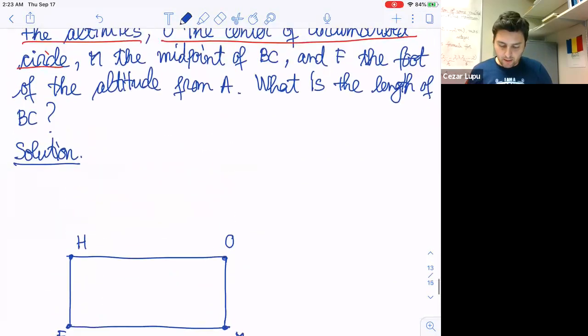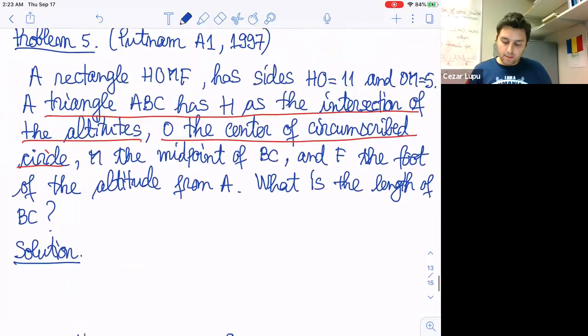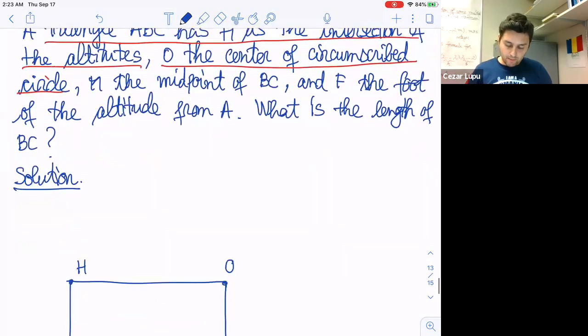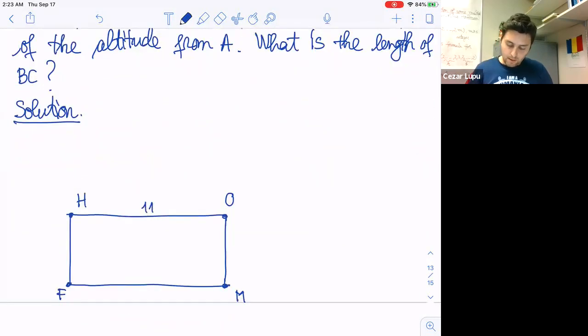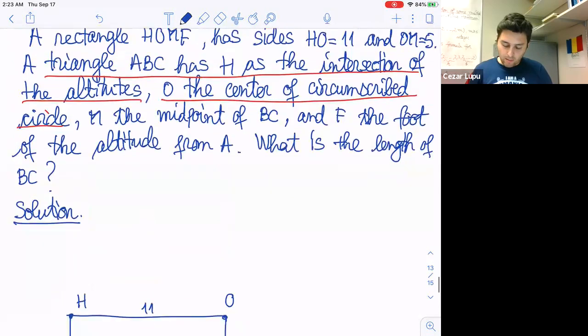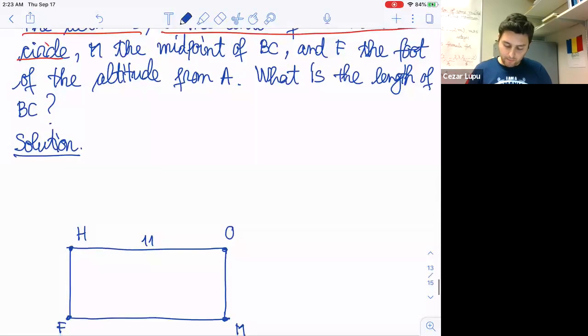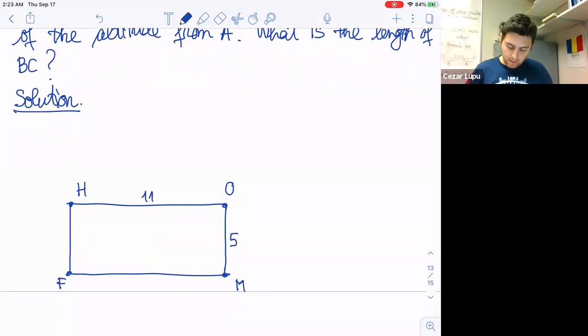So I have this rectangle. I know that HO is 11, and I know that OM is 5. Automatically, these two are 11 and 5. All the angles here are right angles. Let's keep that in mind.